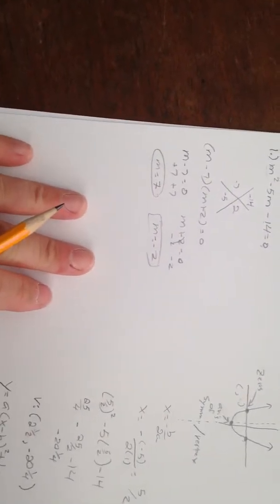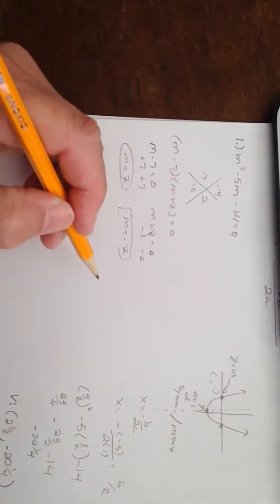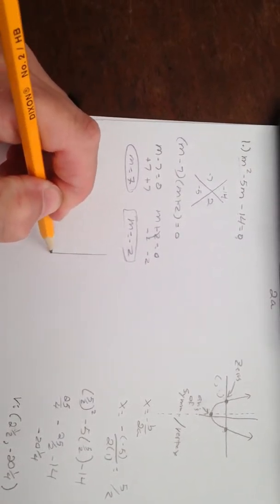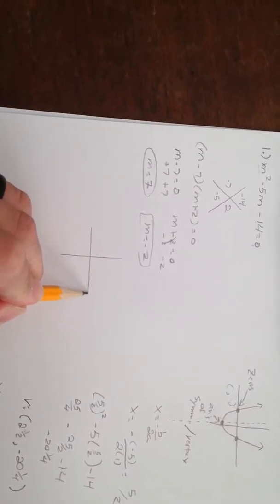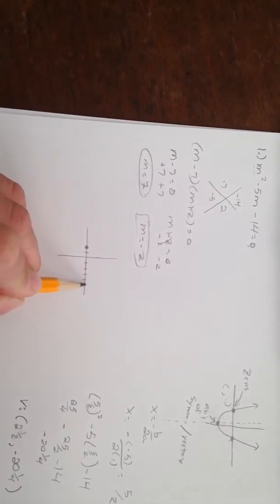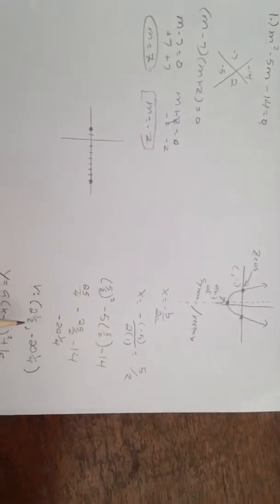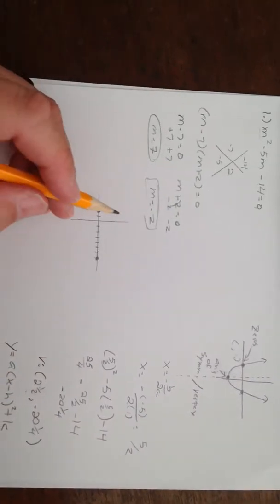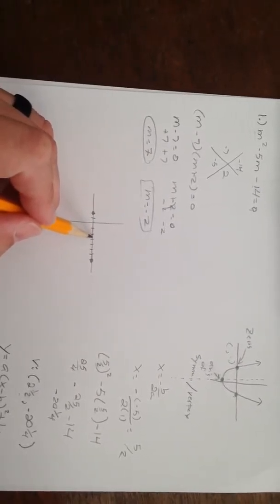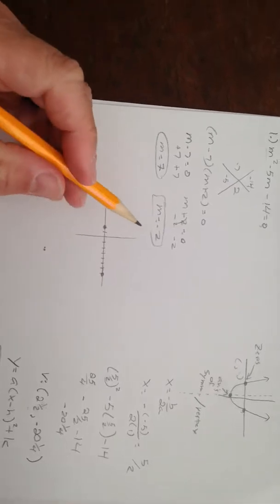That's another root. So in other words, this quadratic function looks something in the neighborhood of this. So negative 2, 4, 5, 6, 7, and its vertex was like 2.5 and down somewhere. It's somewhere way down here, right?